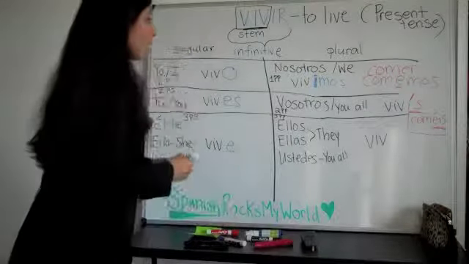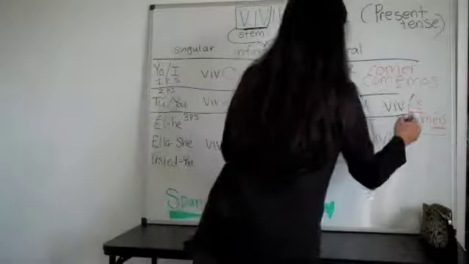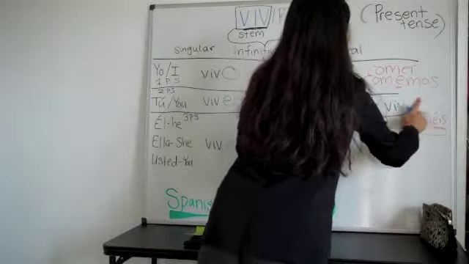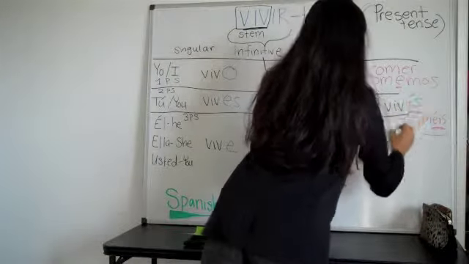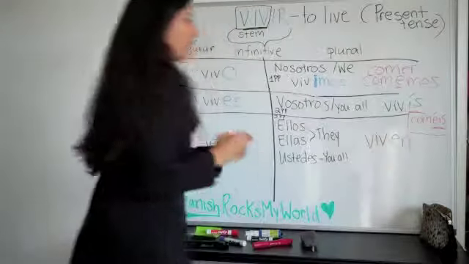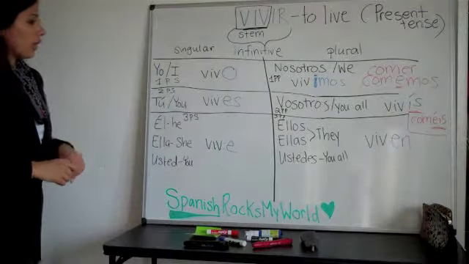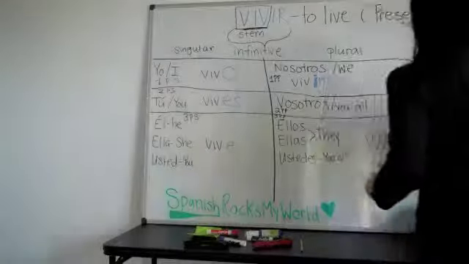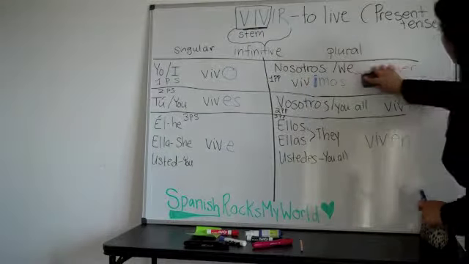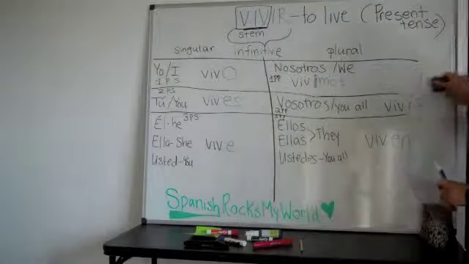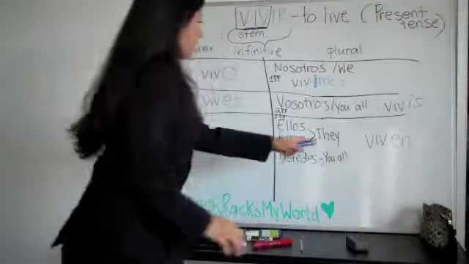And then this one, I'm just going to change the color on this to match the rest. Viven, right? So I'm just going to erase these to avoid any confusion. Just be aware of those things. And this is viven.